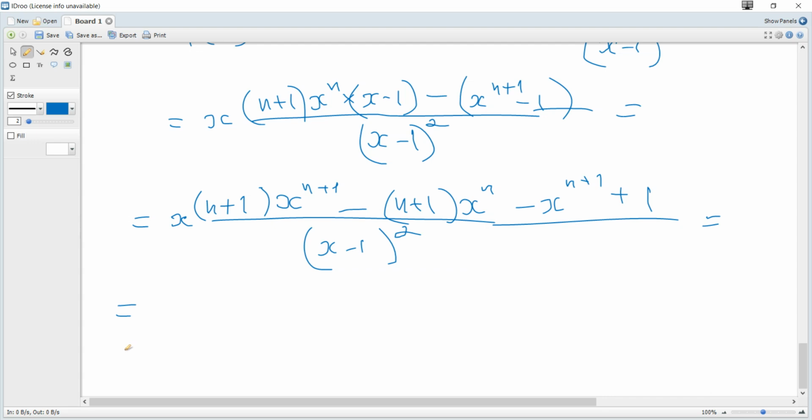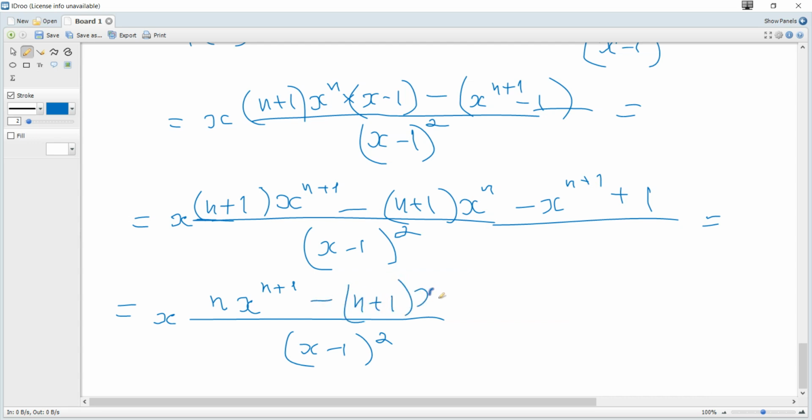It is equal to x over x minus 1 squared. Expand this expression, so it's n x to n plus 1 plus x to the power n plus 1 minus this x to n plus 1, which is 0, and minus n plus 1 x to the power n plus 1.